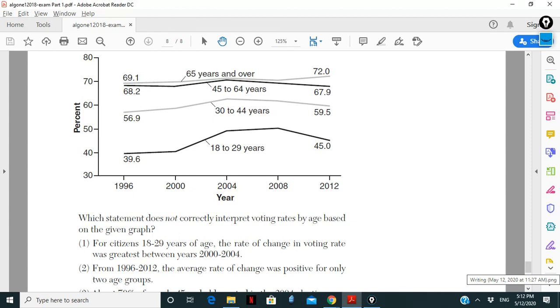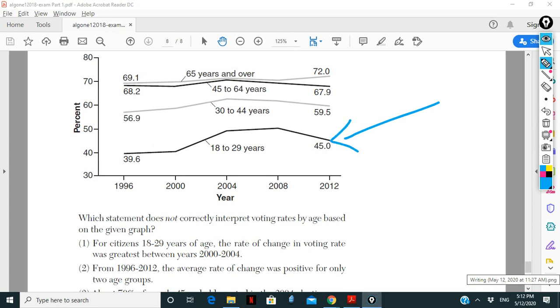So now for citizens between 18 to 29, he's talking about this one. The rate of change in voting was greatest between 2002 and 2004.